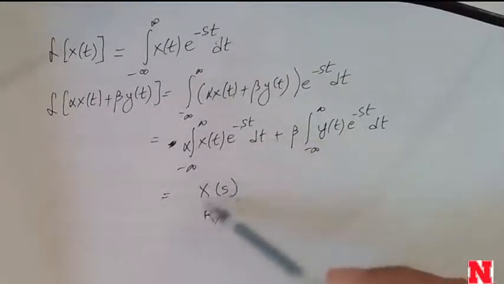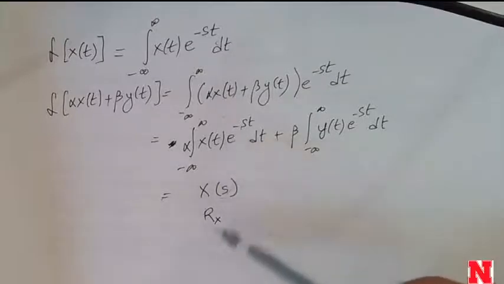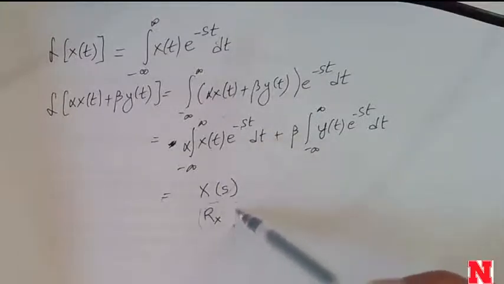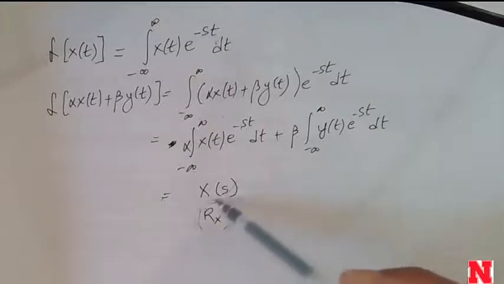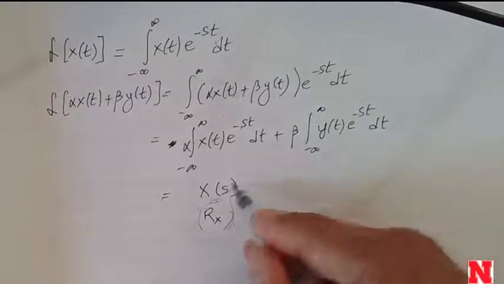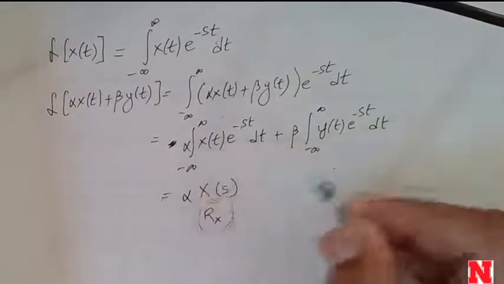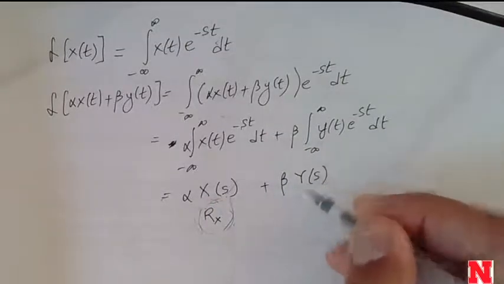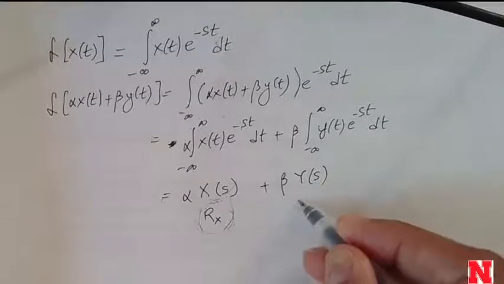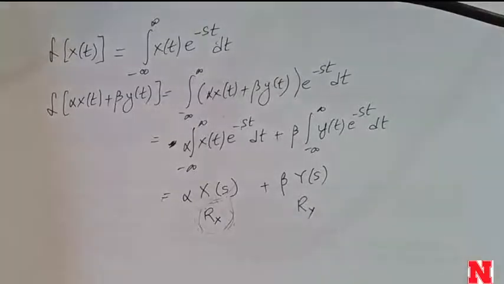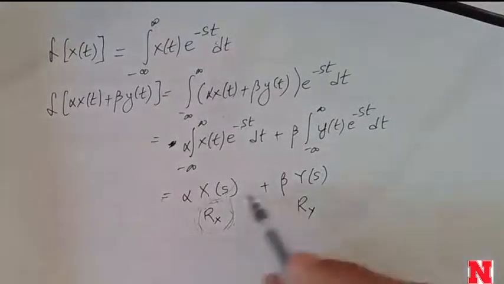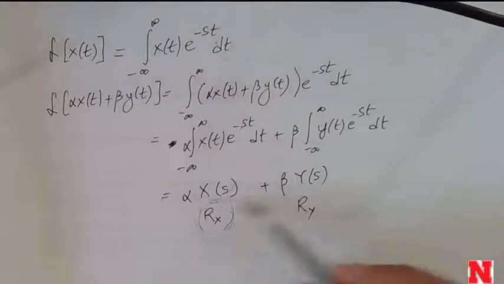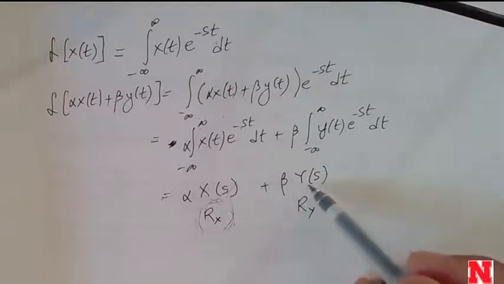So we obtain X of s, but X of s is only valid over this region of convergence. And so this would be alpha times X of s plus beta times Y of s. But again, Y of s would only be valid over some region of convergence, and let me call that R sub y. Now, when I add these two together, both of them have to be finite. If one of them goes off to infinity, then the sum goes off to infinity.